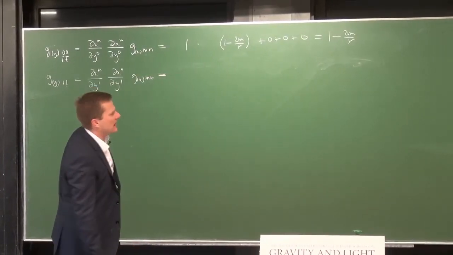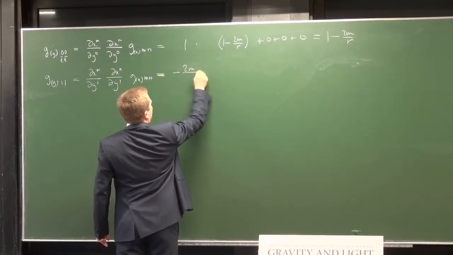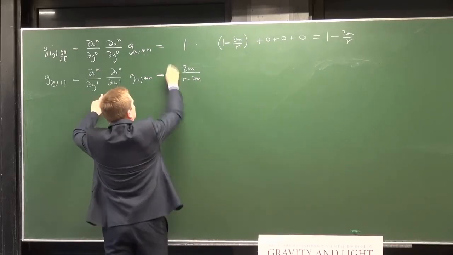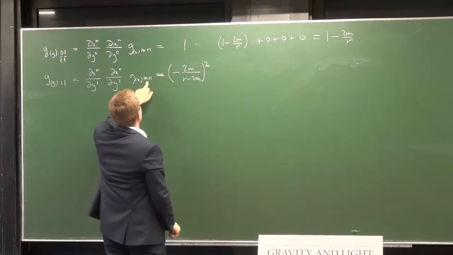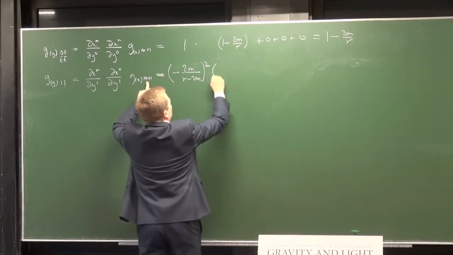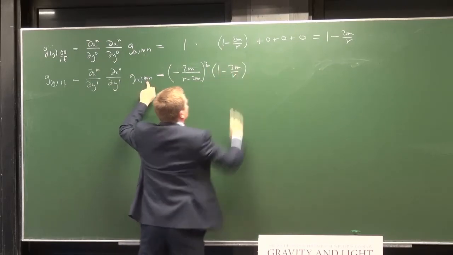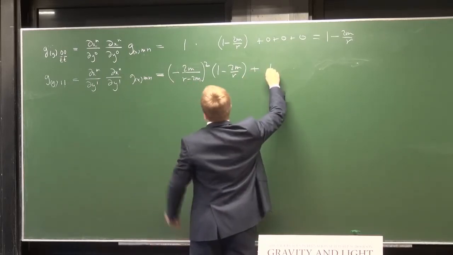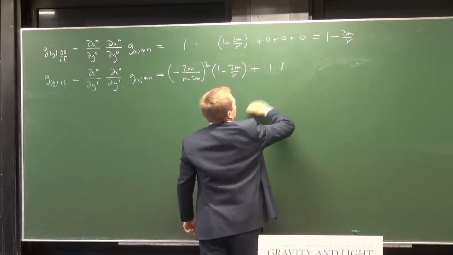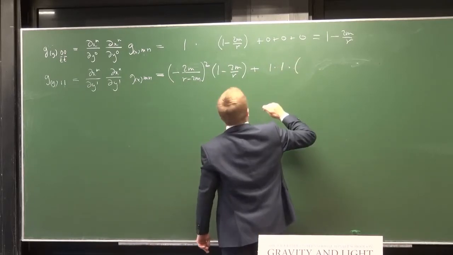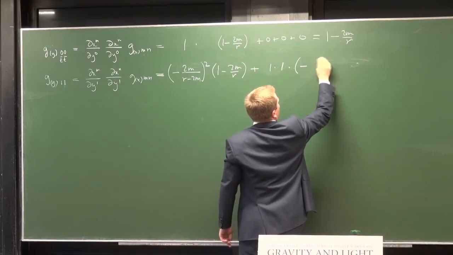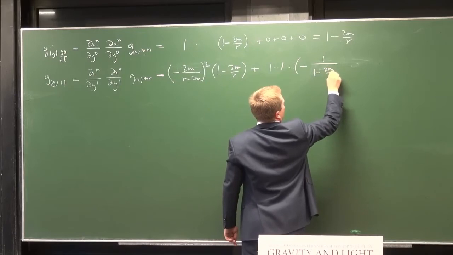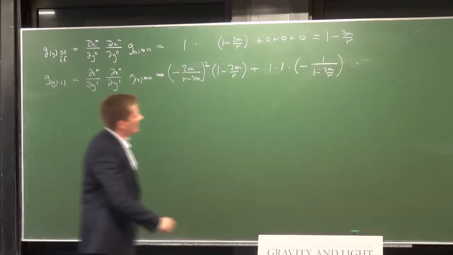So we get a minus 2m by r minus 2m, and we get that twice, and we multiply with the 0, 0 component, which is 1 minus 2m over r, plus we get the next one, which is a 1, and yet another 1, and we multiply with the 1, 1 component, which is minus 1 over 1 minus 2m over r. Is that right? I think that's right.